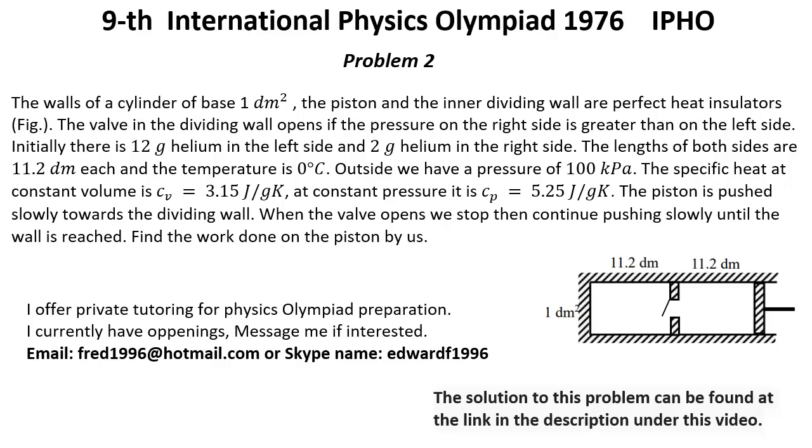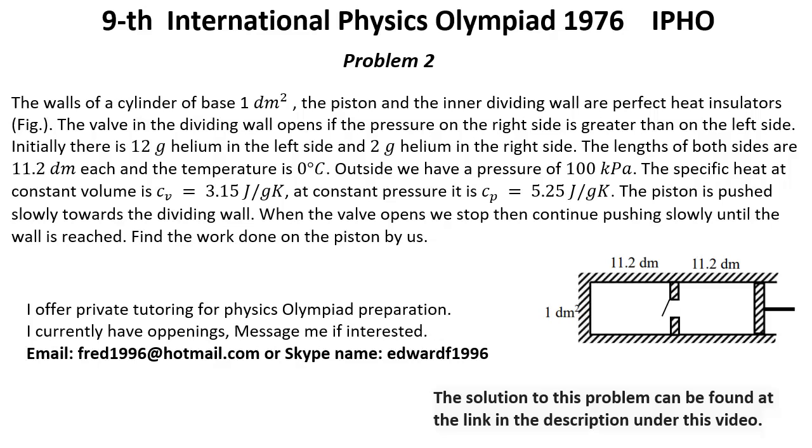1996. Problem number 2. The walls of a cylinder of base 1 square decimeter, the piston and the inner dividing wall are perfect heat insulators. The valve in the dividing wall opens if the pressure on the right side is greater than on the left side.